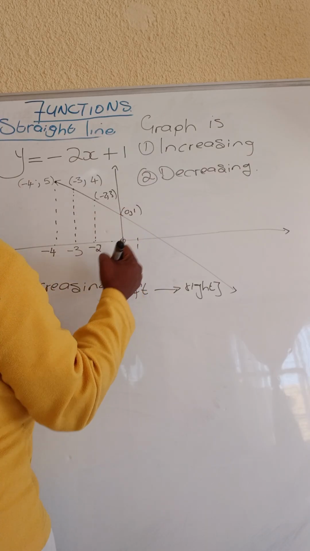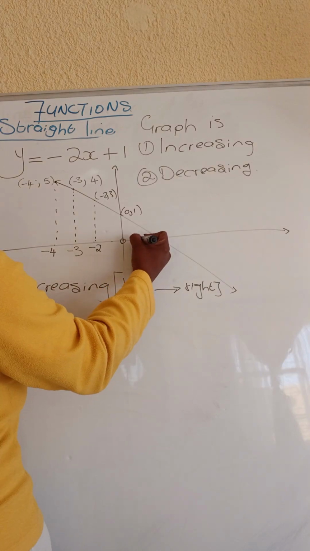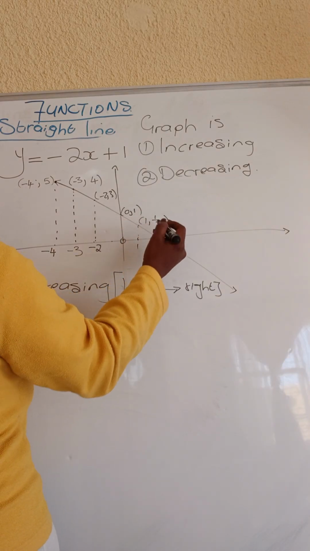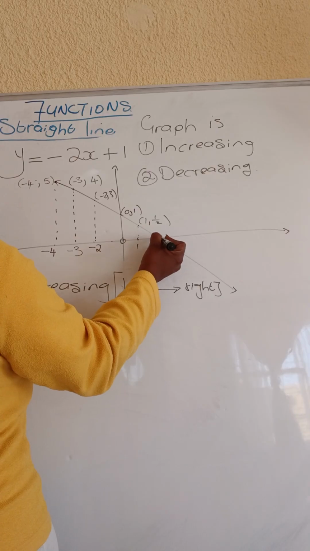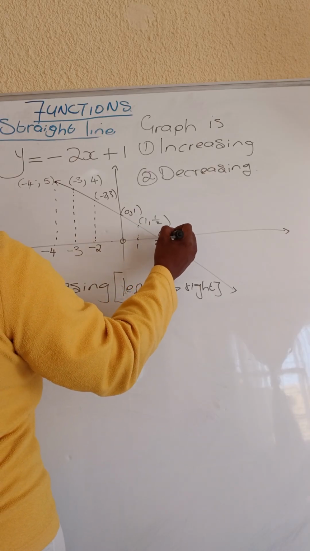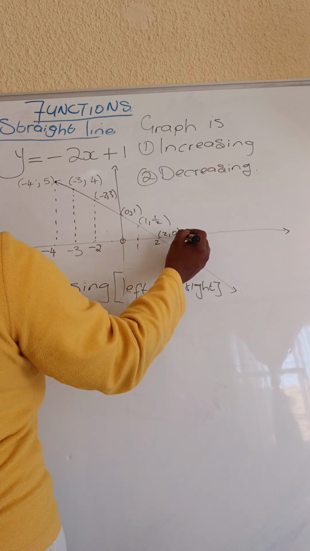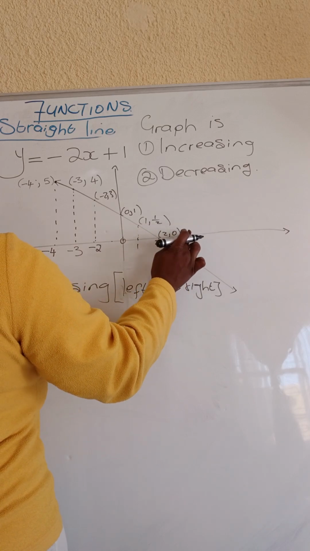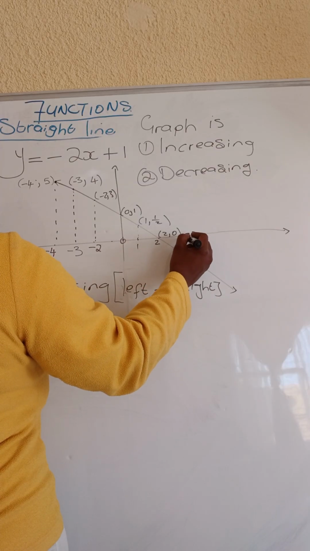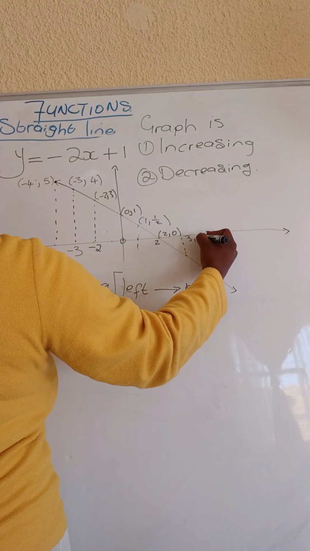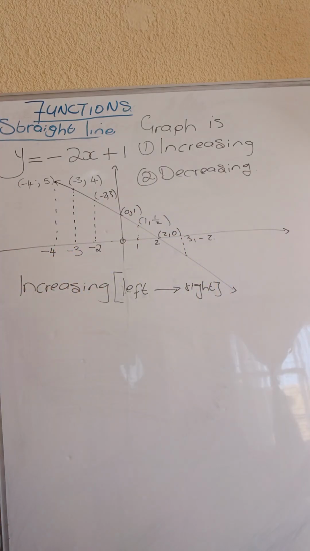Then I'm going to go to +1, and my y is a half. Then to +2, and my y is 0. Then I'm going to make this +3, and my y is going to be -2. I think that's enough to explain what I want to explain.